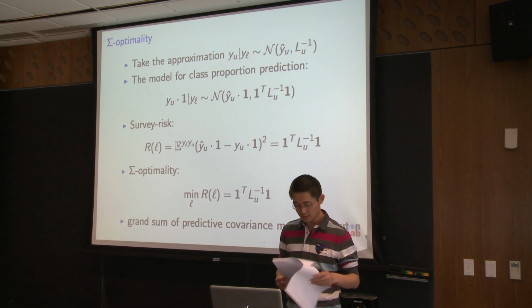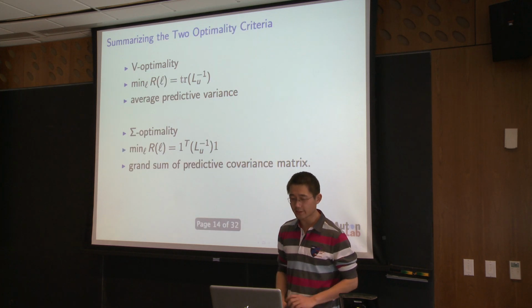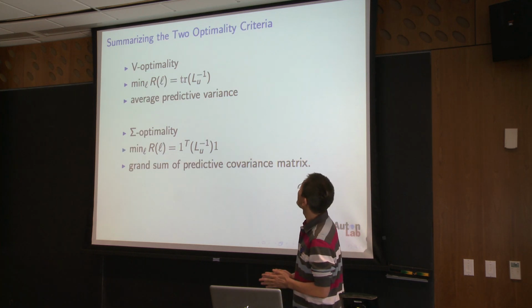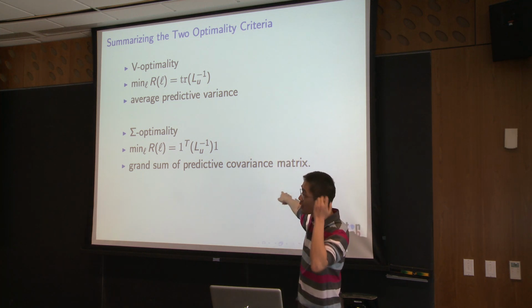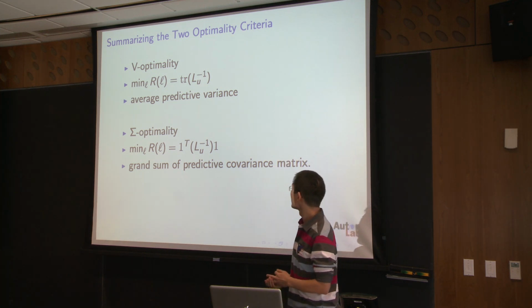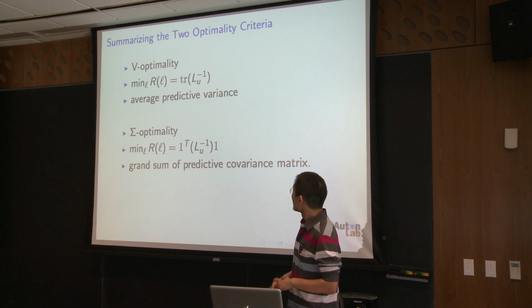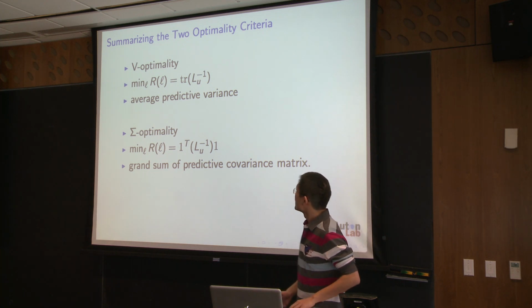Okay, so here are our two optimality criteria. One is V optimality, one is sigma optimality. Hope you all understand this. So let's take a vote.